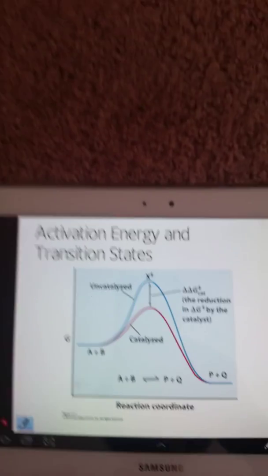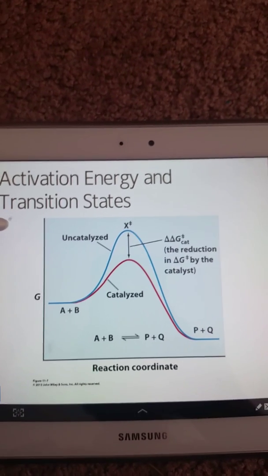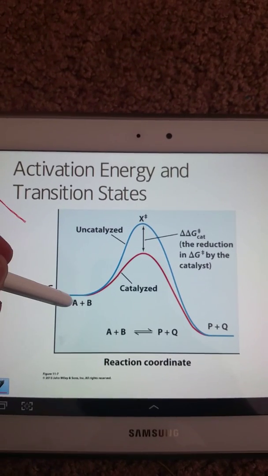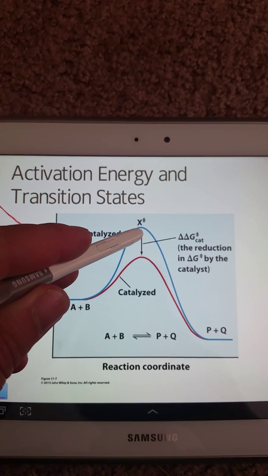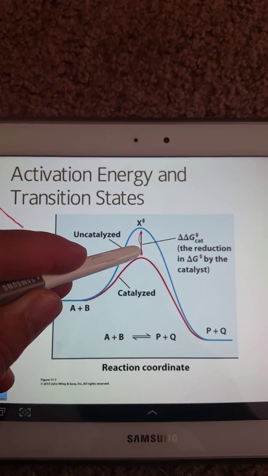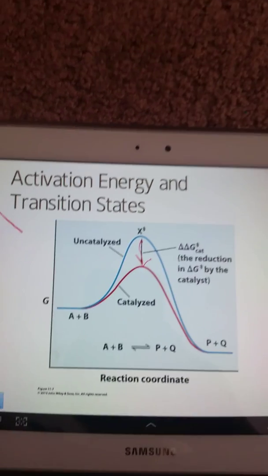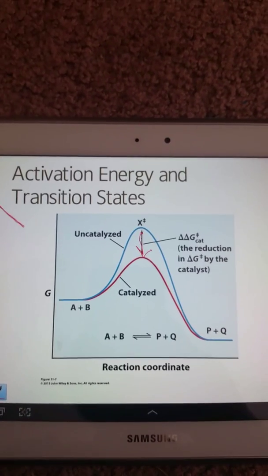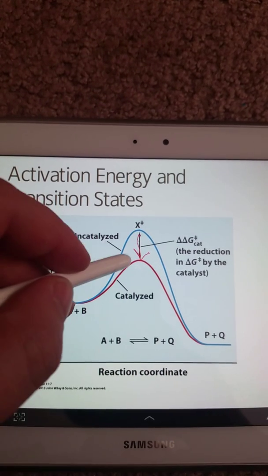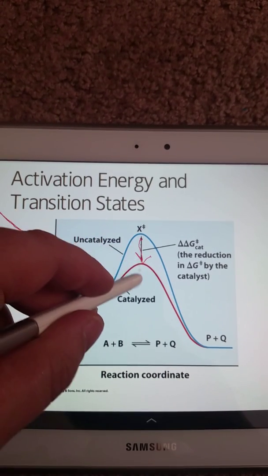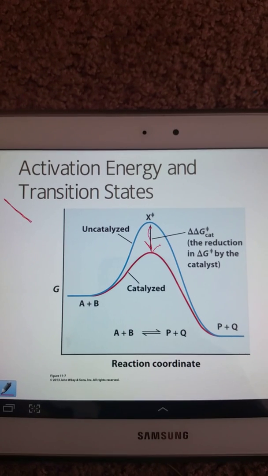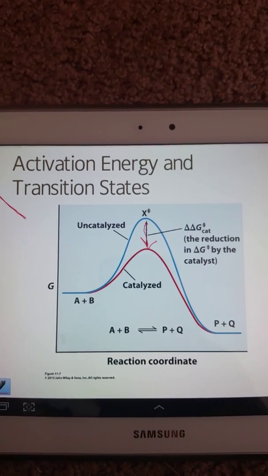All right, activation energy and transition states. So again, we're coming back to why enzymes work. As you remember, enzymes work to catalyze reactions by bringing down the activation energy to help make the reaction go faster. Either one of these reactions is still spontaneous, but by bringing down the activation energy, we can speed up the reaction.